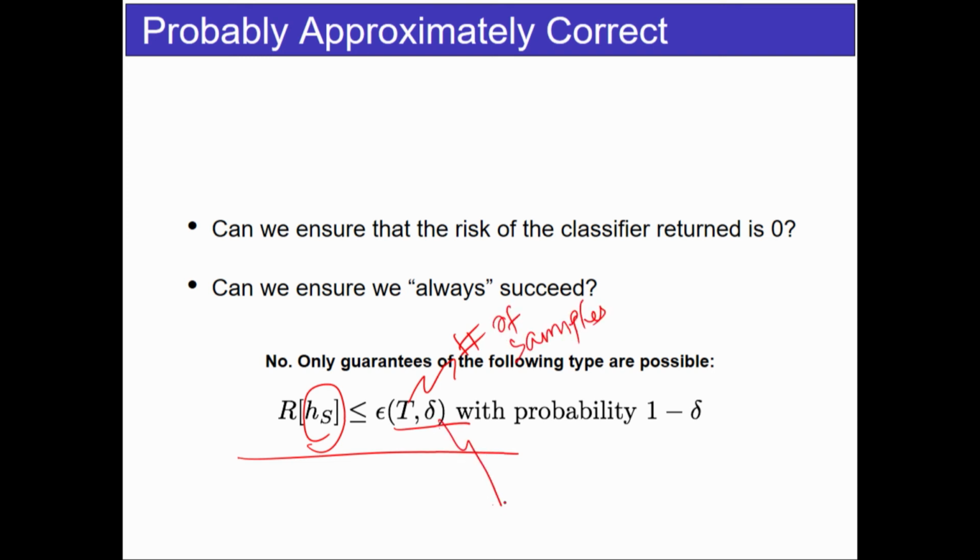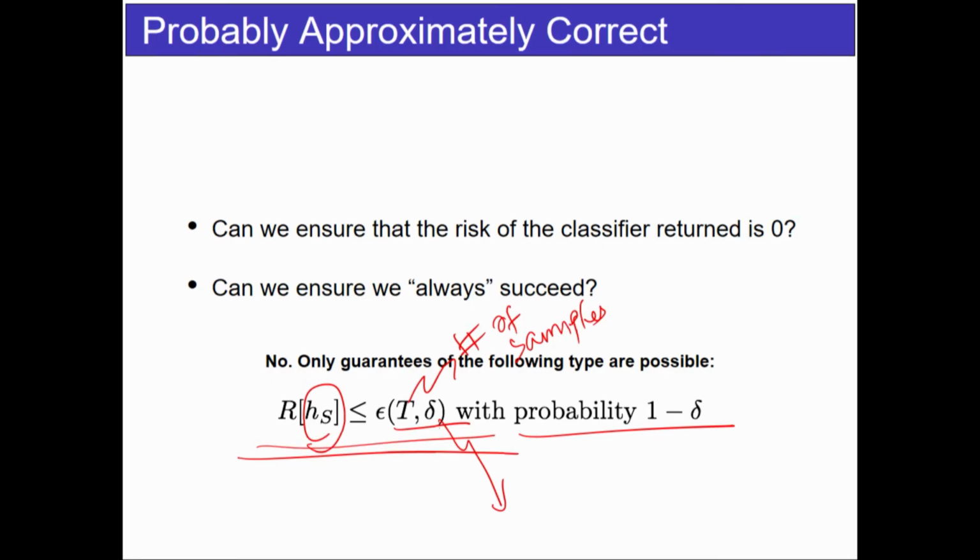And delta is basically the hedge statement. You can't say with 100% certainty that you will get that, but you can say it with 99% certainty. Delta is bounding the bad sample. Only with delta probability will you get a really, really bad training sample.